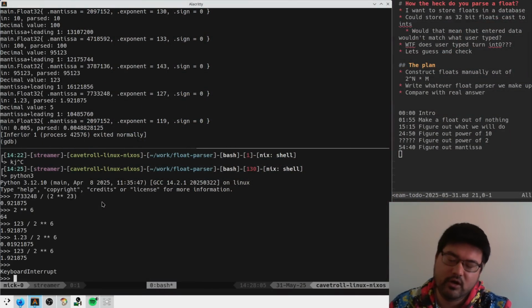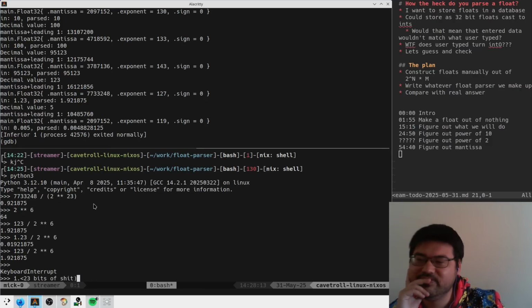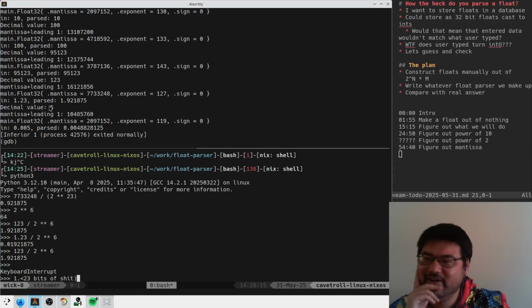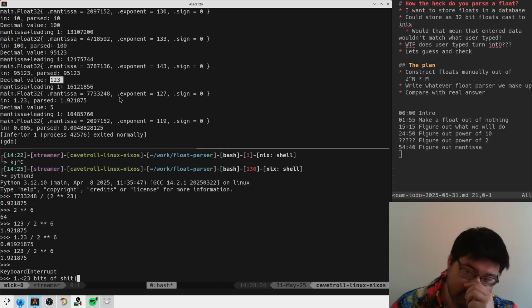Mantissa has an implicit 1 in the 24th bit, then 23 bits in base 2. Oh my god. Okay, so this number totally makes sense if we parse this thing as 123, which we did.